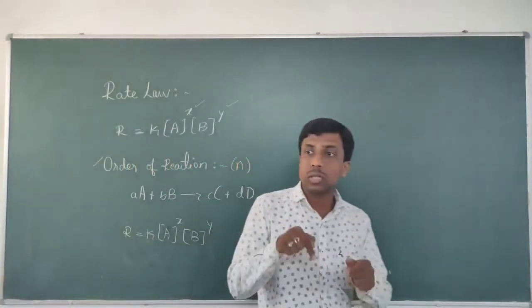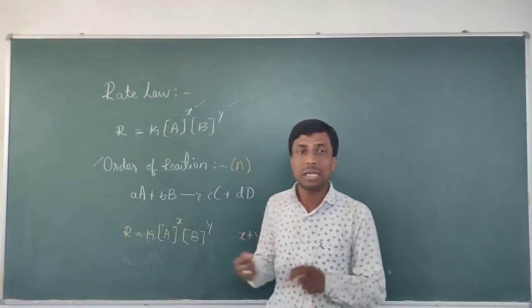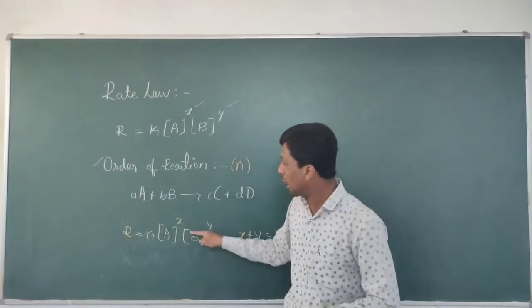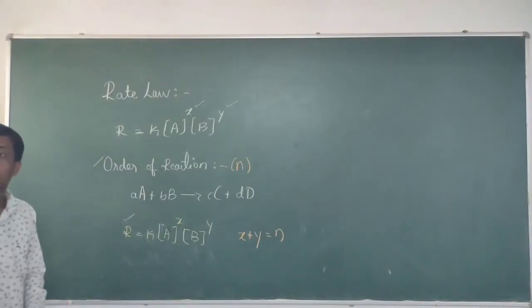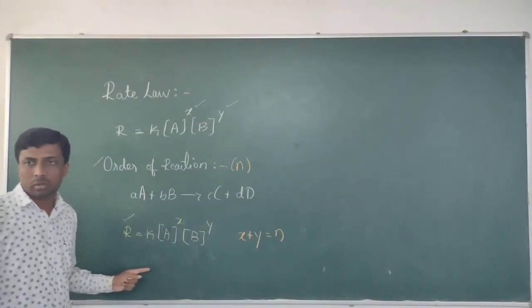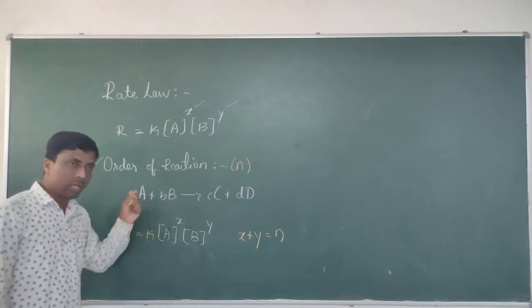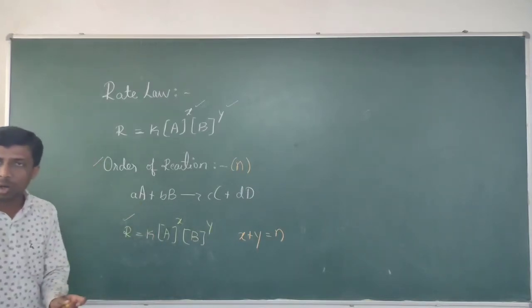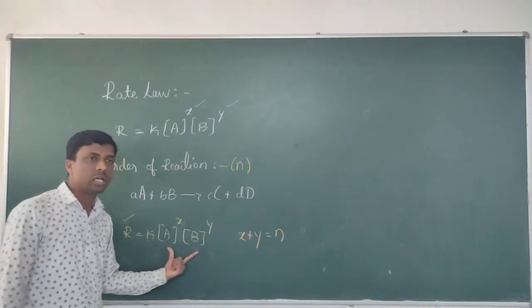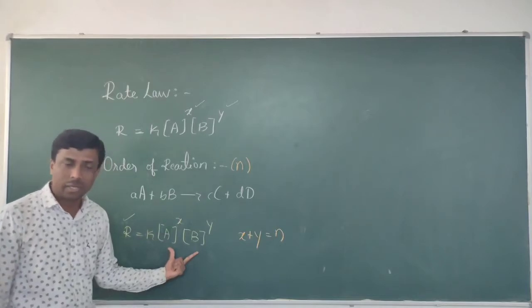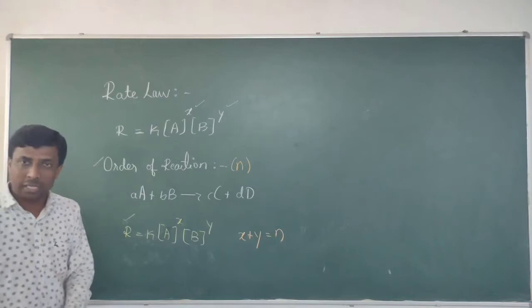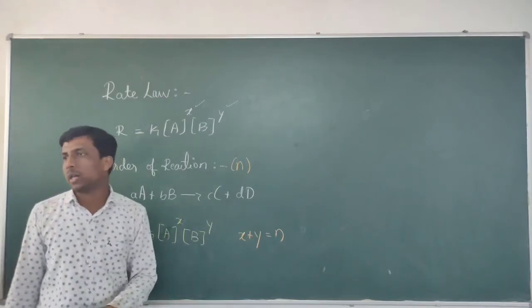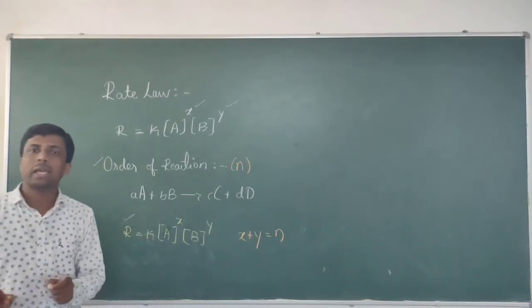You have to use this wording: not in a balanced equation, but in a rate law expression, is called the order of the reaction. The sum of the powers of all the concentration terms present in a rate law equation or rate law expression is called the overall order of the reaction, or just the order of the reaction.